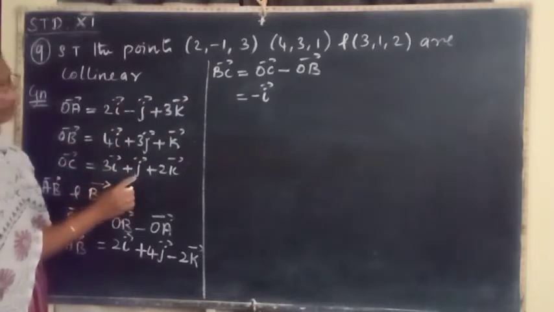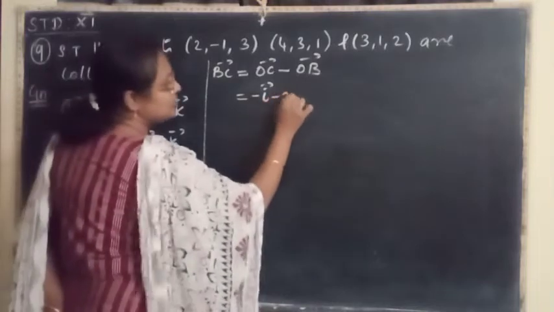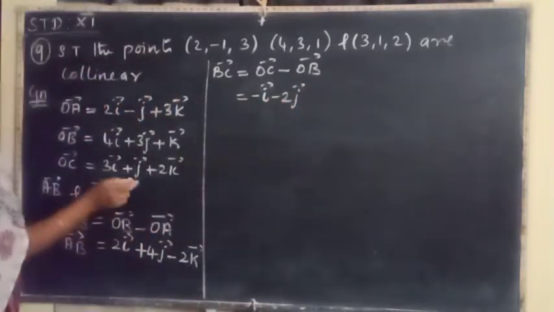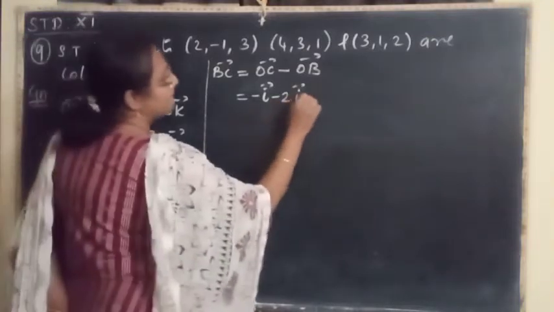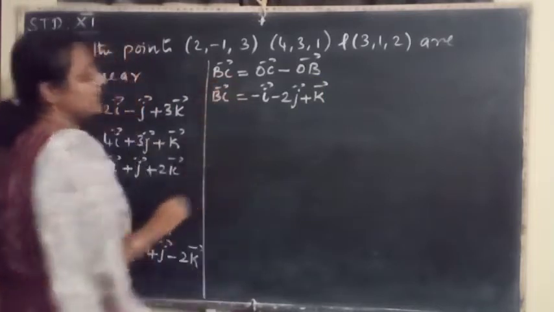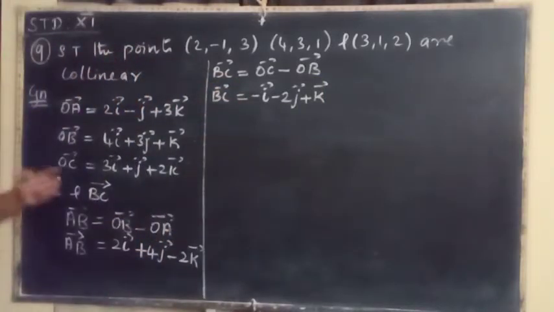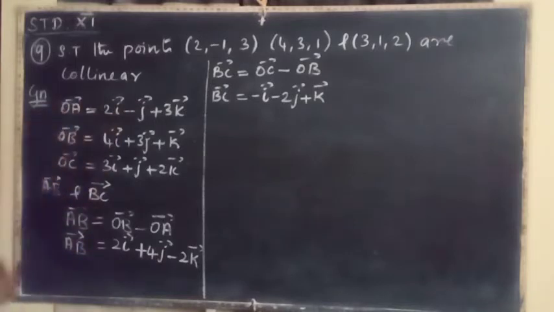Next, 1j minus 3j gives minus 2j. Next, 2k minus k gives plus k. So this is the value of the BC vector.